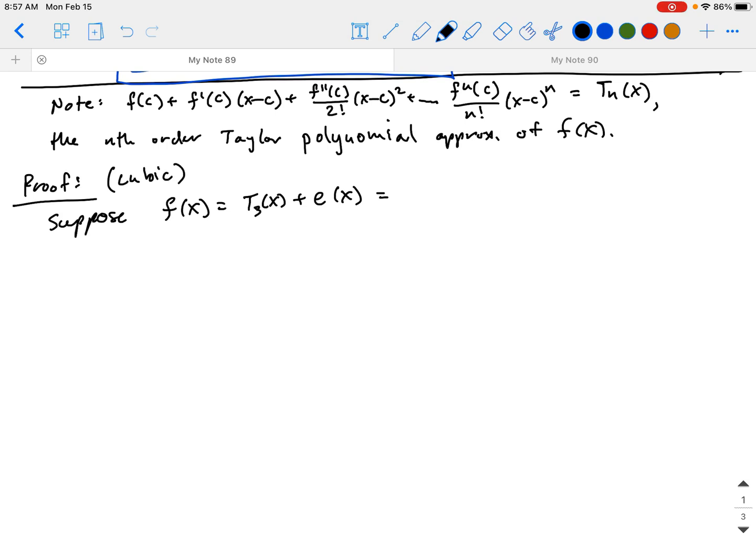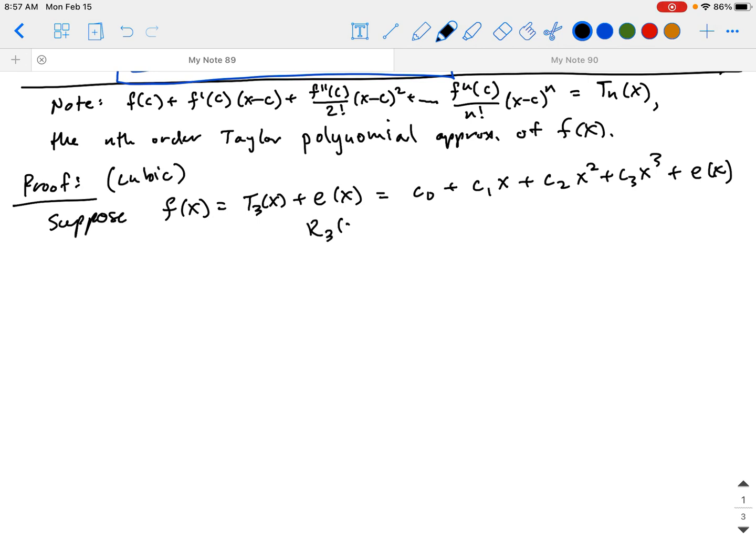So this is going to be the third order Taylor approximation. So let's write this out. So we're going to have C0 plus C1 x plus C2 x squared plus C3 x cubed. So there's our Taylor plus our remainder term, which I'm just going to call e of x.